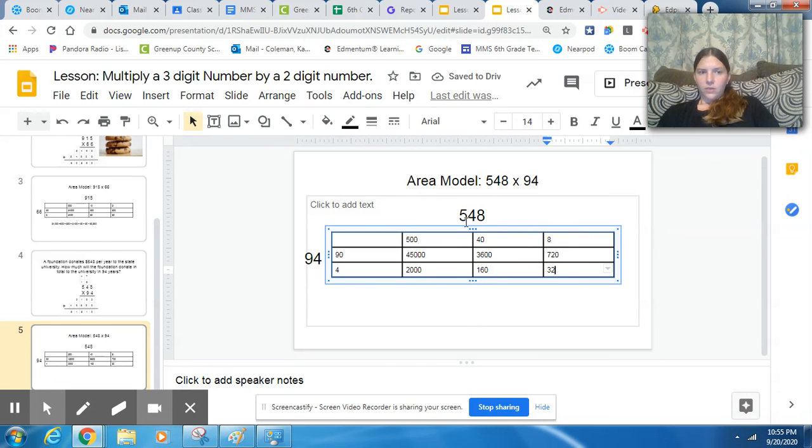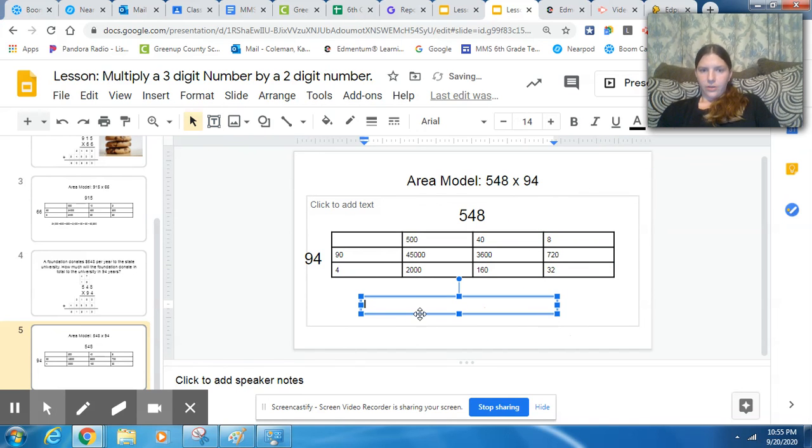After we multiply those easier to multiply numbers, we are going to add them together.